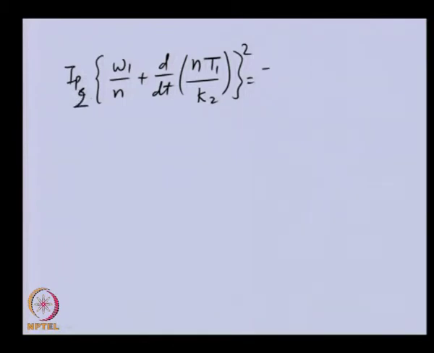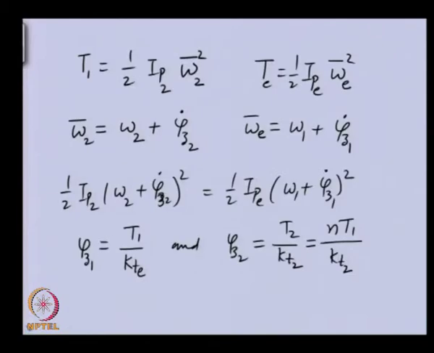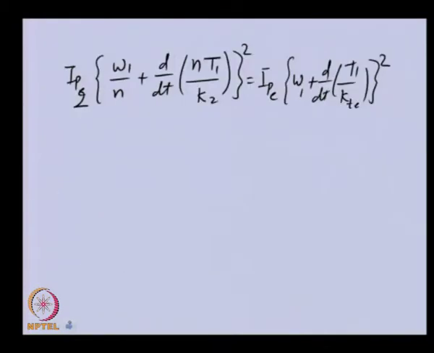So, this is KT2 and this is Ipe, this is for the equivalent system, whole square. So, basically what we have done here, we have substituted this quantity and this quantity, and we use the gear ratio to convert everything in terms of omega 1 or phi z 1.